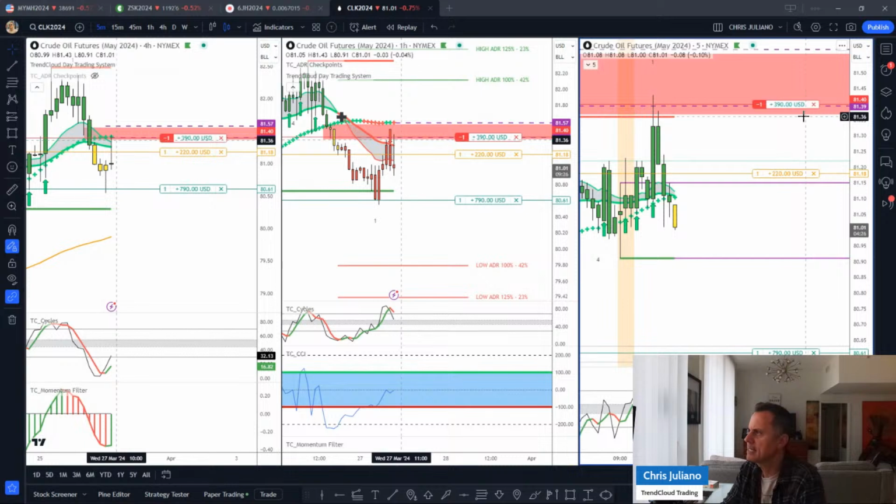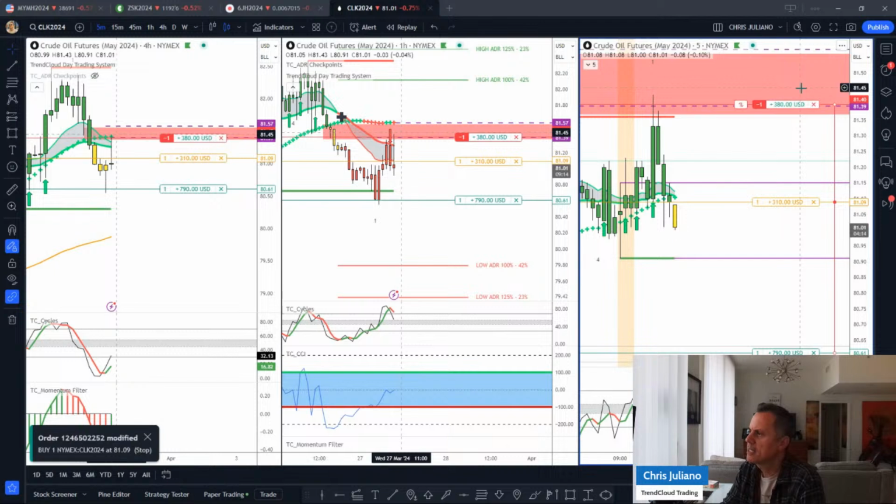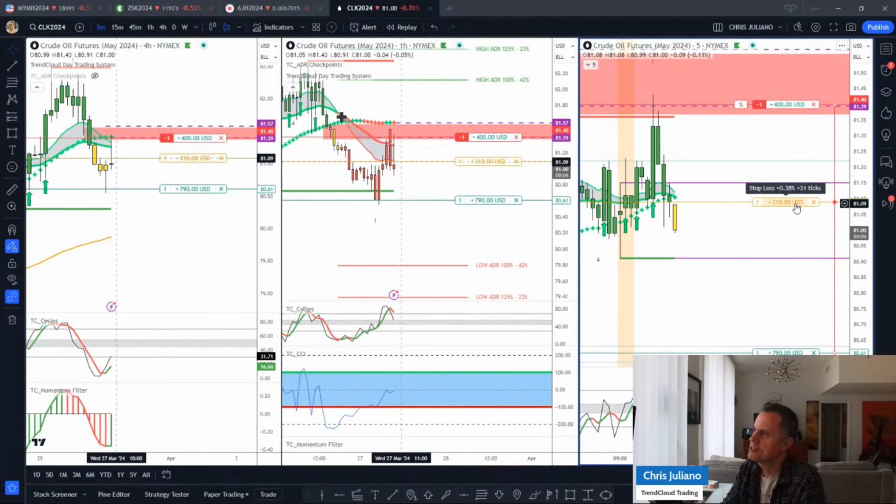Do we want to take that 2-to-1? I would definitely lock in some more profits. Lock in the profits following the candles down. Wow, there it is. 2-to-1.